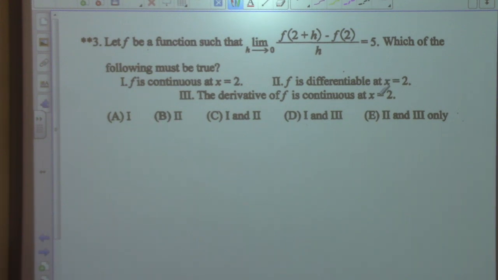We have f is continuous at x equals 2, f is differentiable at x equals 2, and the derivative of f is continuous at x equals 2. This one here, is f continuous at x equals 2?